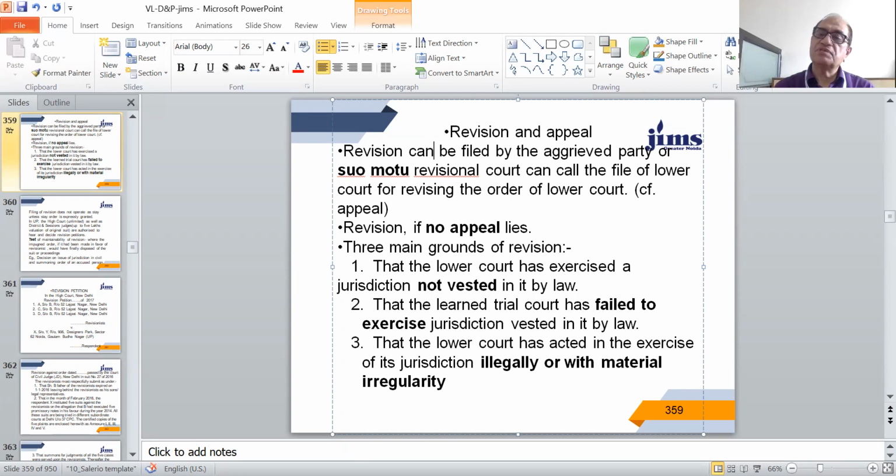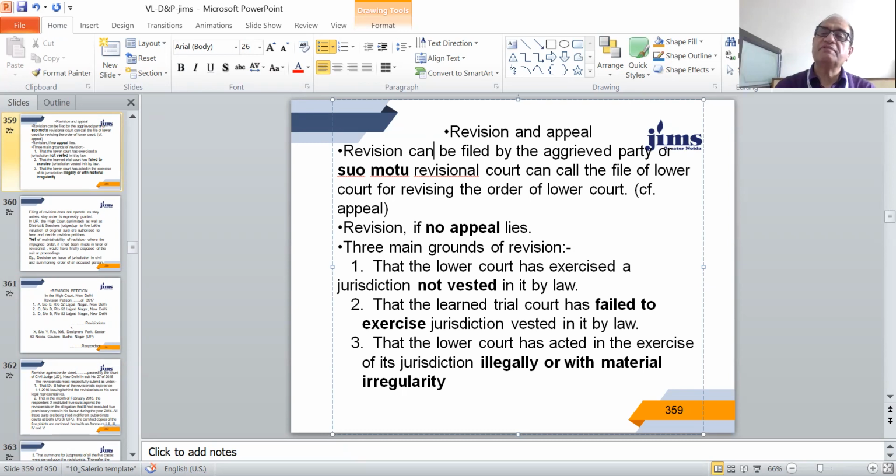Why I am telling you this theory, the reason is that if there are three grounds of revision, you are supposed to draft one or more of these grounds in your revision petition. So the first ground is that the lower court has exercised a jurisdiction not vested in it by law.